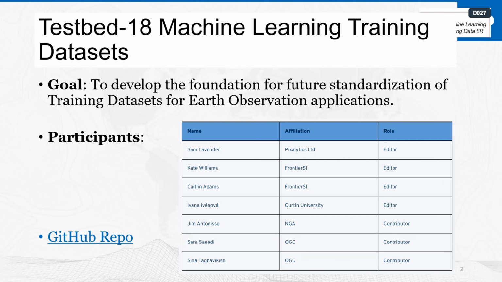Main participants in this testbed were Pixelytics and Frontier SI. Pixelytics is a small enterprise working primarily with training data sets on all sorts of Earth observation tasks, and so does Frontier SI. I know nothing about training data sets, but I was invited as the standards person who knows ISO and who knows OGC to make sure that citation and references to standards are appropriate.